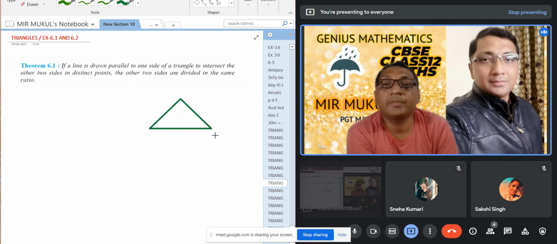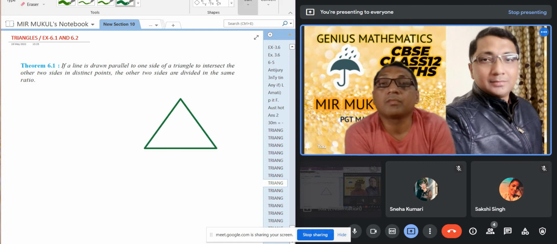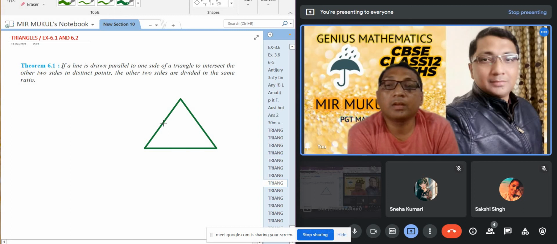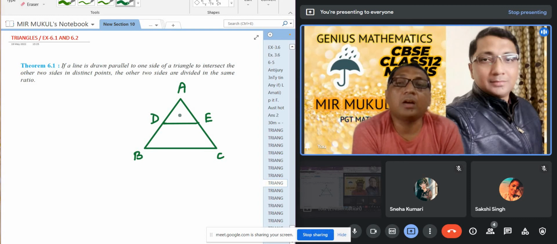Draw a triangle, any triangle we can draw. Now draw a line parallel to its base. Name the triangle ABC, and this point is D and this point is E. Now in the construction part you have to join BE and DC.